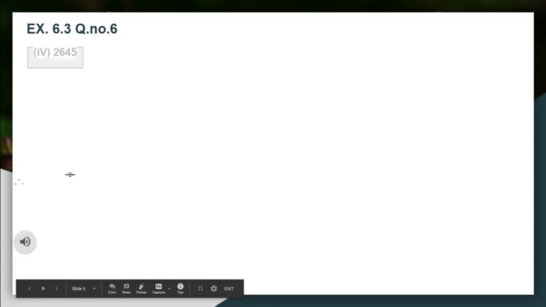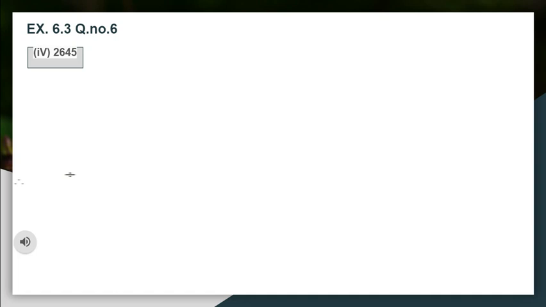Continuing question 6, fourth number, 2645. Here the factors of 2645 are 5 into 23 into 23. 23 is having a pair, but 5 is not having a pair. So we have to divide 2645 by 5.